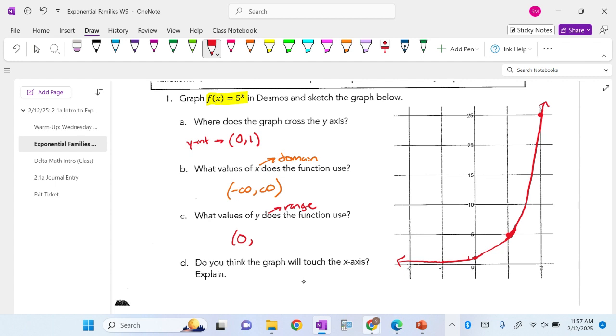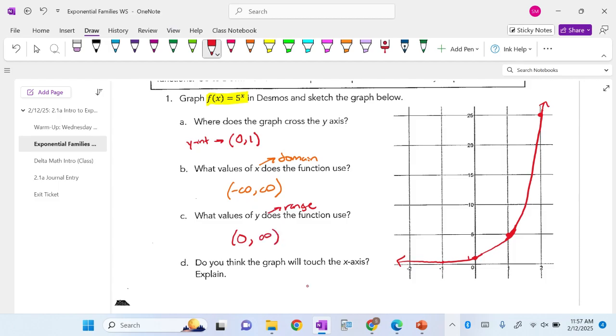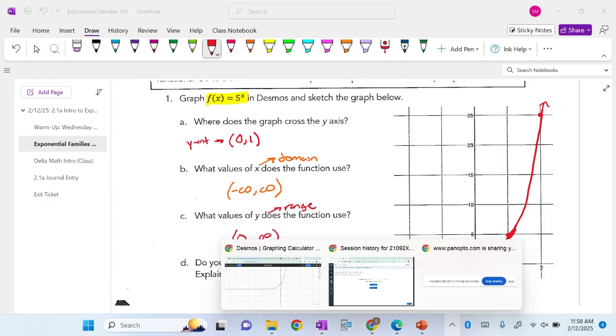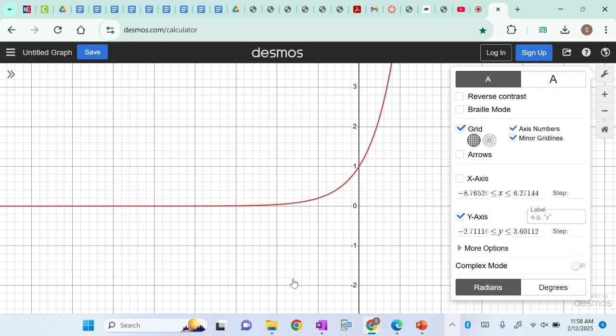What do you think our highest y value is? Look at the graph again. I would say positive infinity, yes. So guys, a little trick of the trade. When you're doing domain and range, if the other axis is throwing you off, hit the little wrench key in the top right-hand corner.